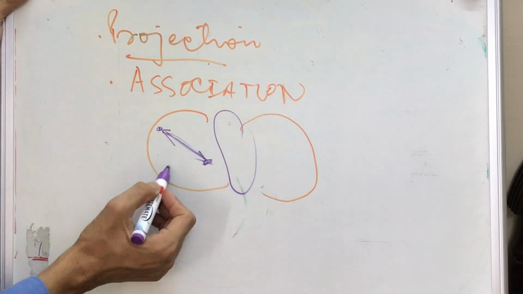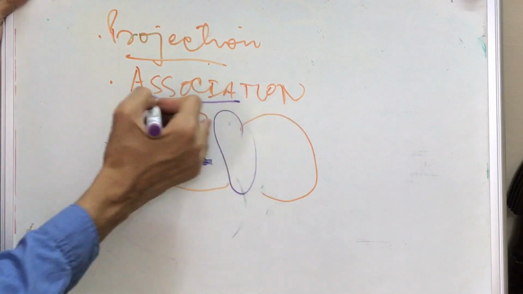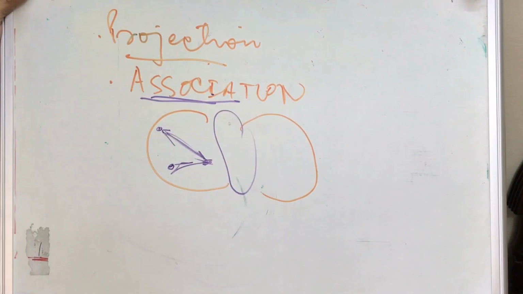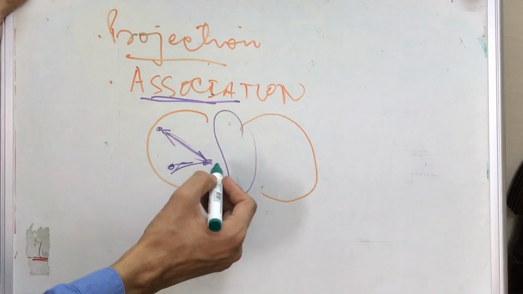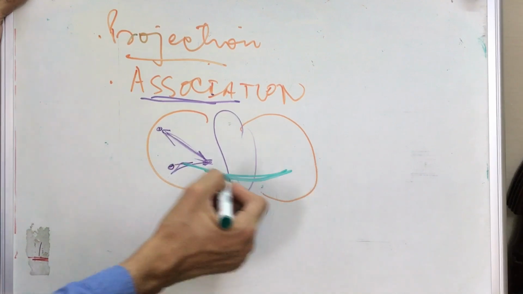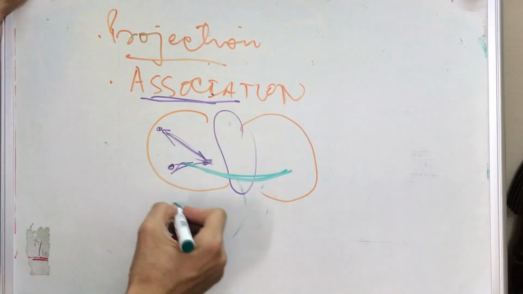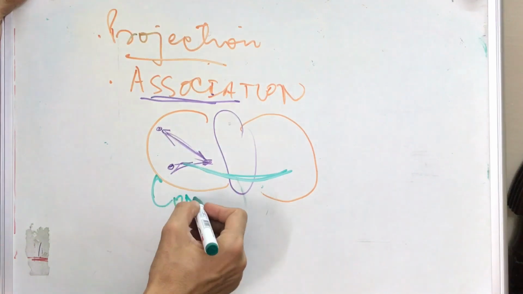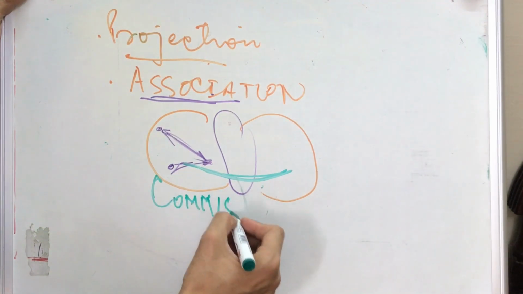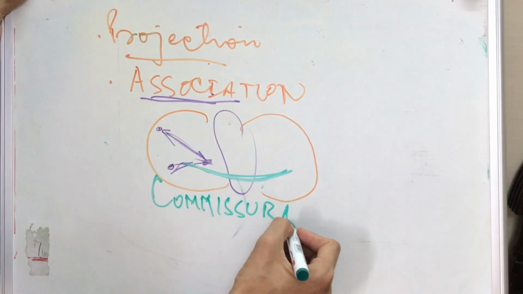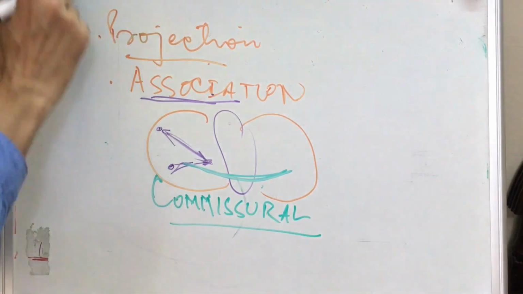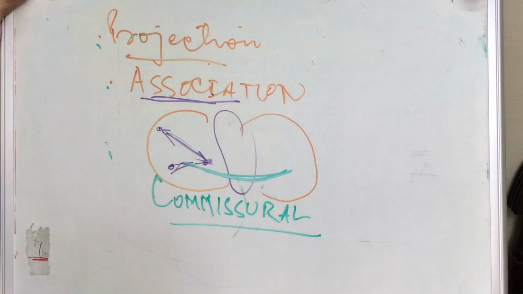These are the association fibers. Now what happens if one cerebellar hemisphere wants to communicate with the other one? Those fibers are called commissural fibers. So all these projection, association, or commissural fibers, these three types, are present within the white medulla.